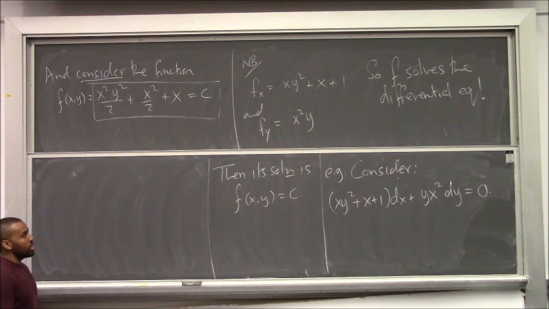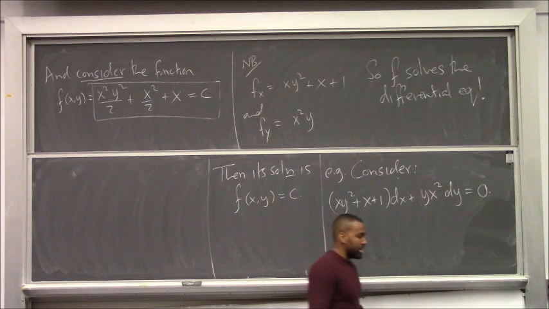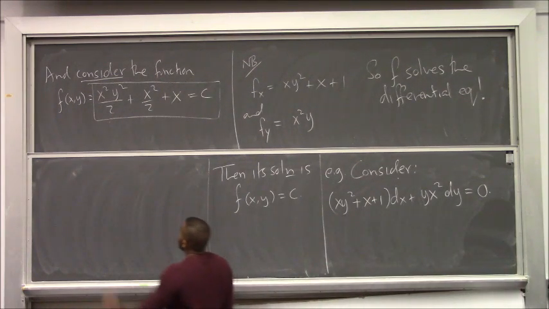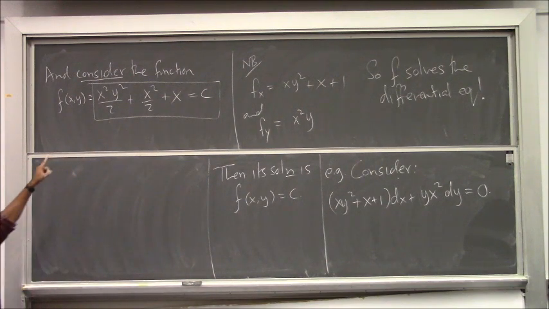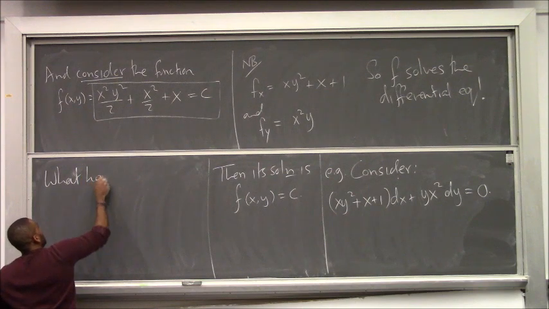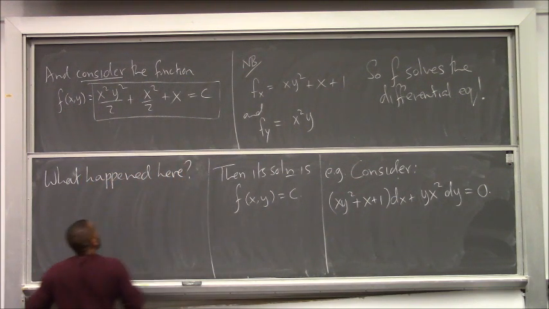So here's what we're going to do. It turns out that this is a special kind of differential equation called an exact differential equation. And there's a way to actually get to this function. So what happened? Oh, we have to integrate in terms of each letter, right?